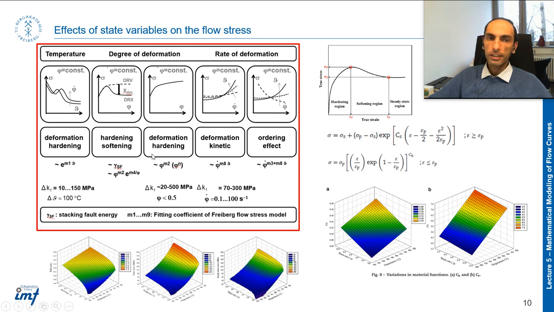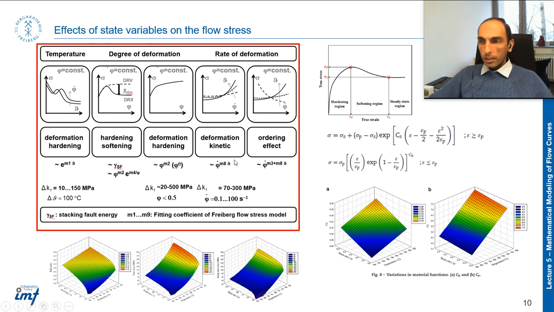In the case of low stacking fault energy material, this dynamic recrystallization will be much weaker compared to the high stacking fault energy material. So you can reflect this term in this way mathematically, and this comes from here. So this hardening and softening together can be reflected using these two terms.